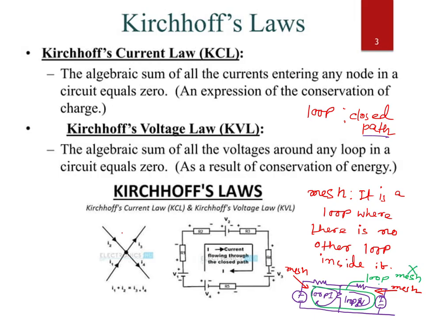Why? This is a loop, but not mesh. Why? Because loop is a closed path. But why not mesh? Because in this loop there are two other loops inside it. Okay, so that's why this is a loop, but not mesh.